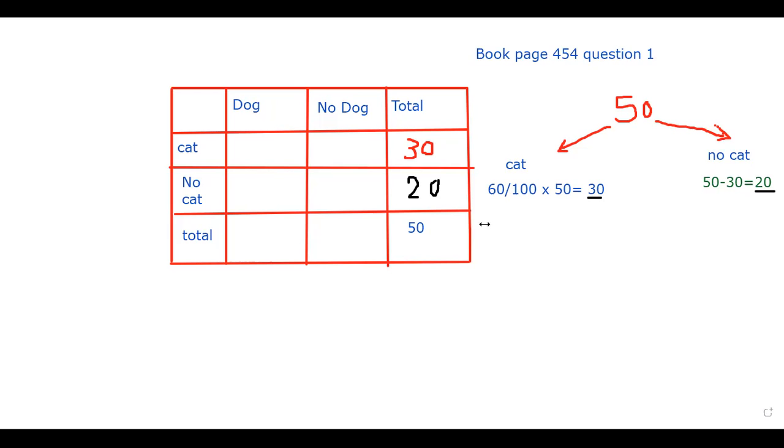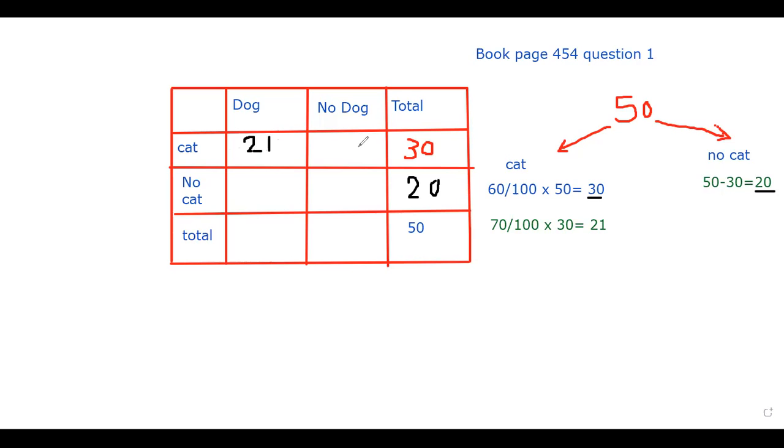How many? 21. Thank you. Then we have 21 students from those who have a cat who also have a dog.